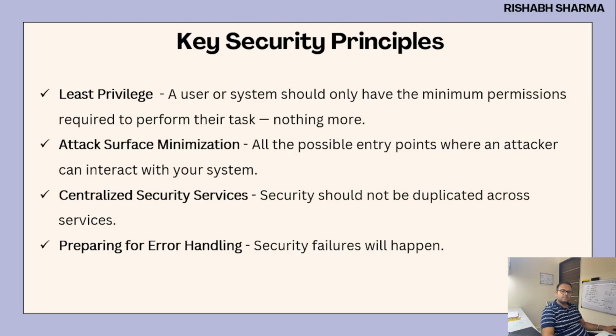Then the next important principle is centralized security services. In an enterprise system, security should not be duplicated across services, and each microservice should not manage its own authentication logic.